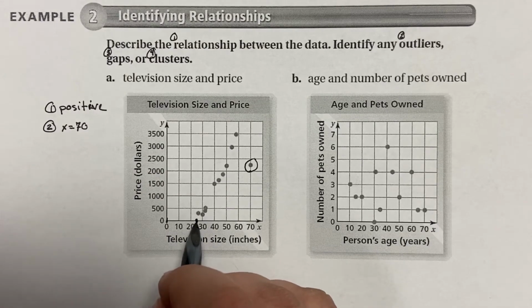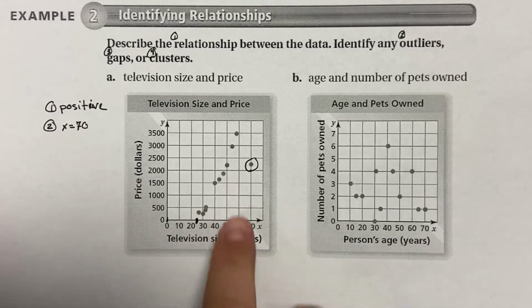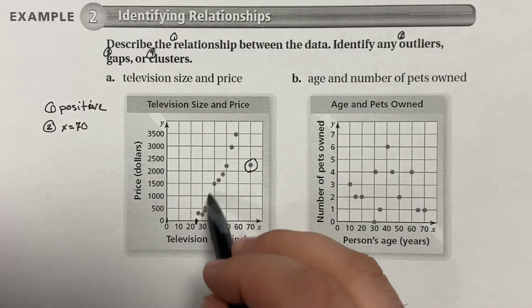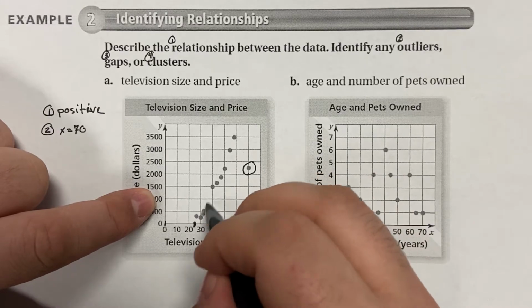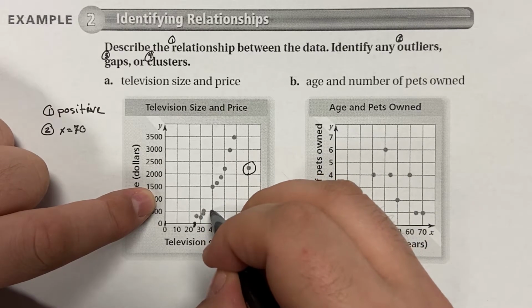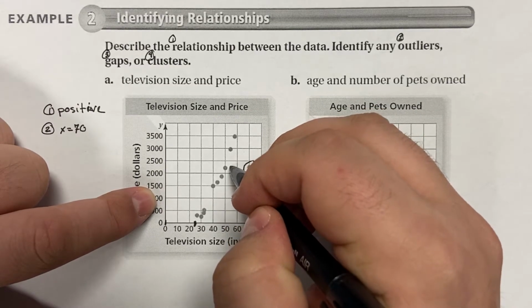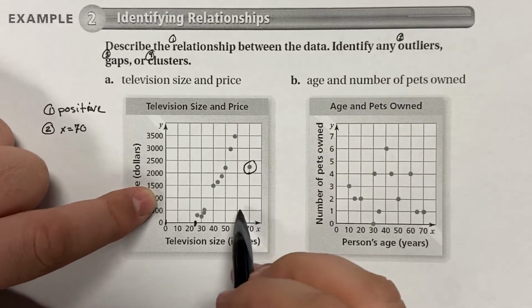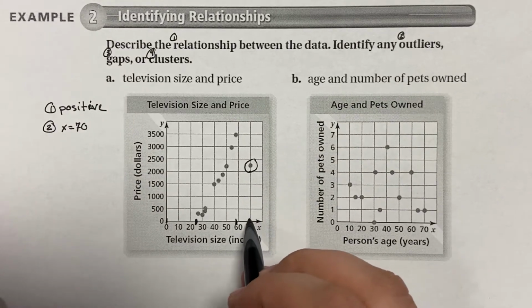Our data starts here, so we're going to be looking up as we move over, and I'm not really seeing any gaps. There is a gap here that we're going to address from the y-axis, but not from the x, because if this guy was brought down, they'd be pretty close, creating no gap. Same here, if they got brought down with the rest of the data, it'd be here, rest of the data here. So the only gap I see is from about right here to 70.